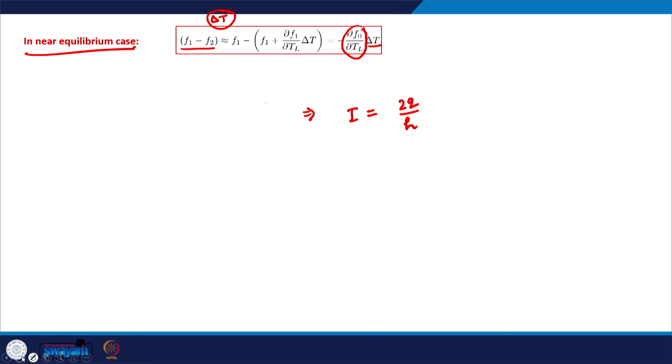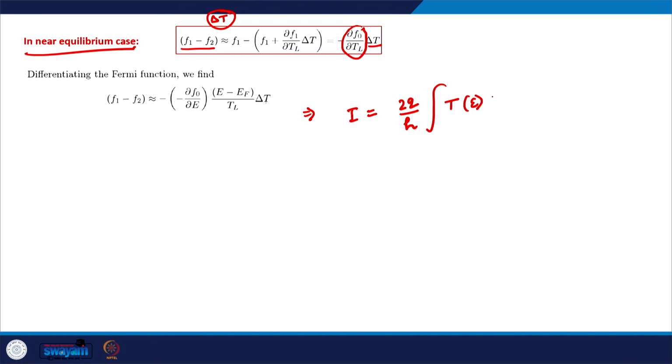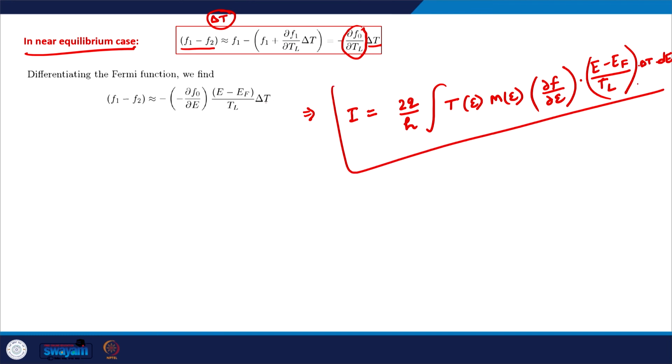So the current will be 2Q by H TE times del F by del E into E minus EF divided by TL times delta T dE. So this will be the current when no external voltage is applied, just temperature difference is there.